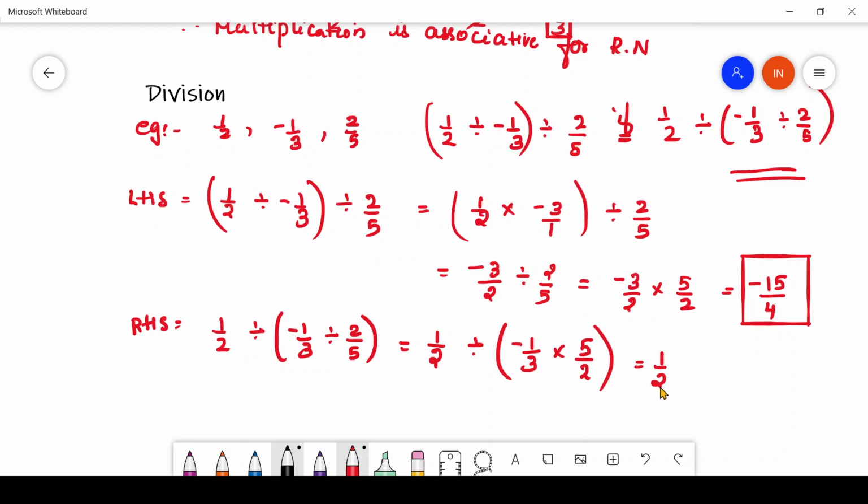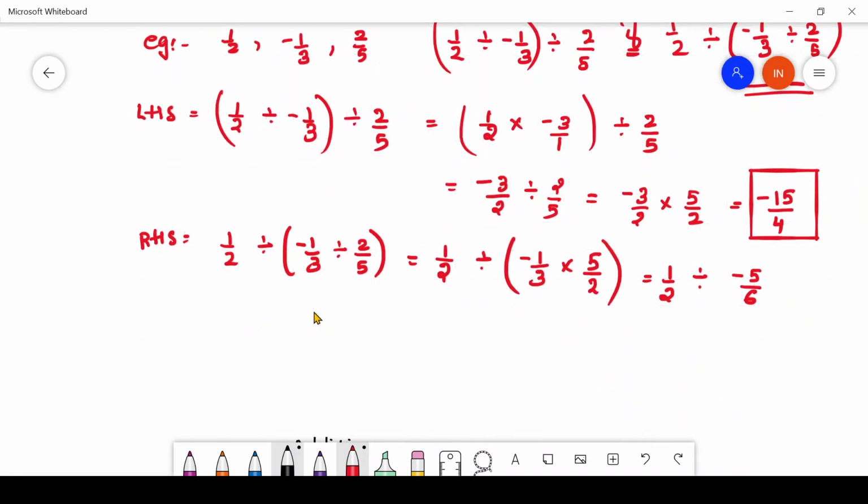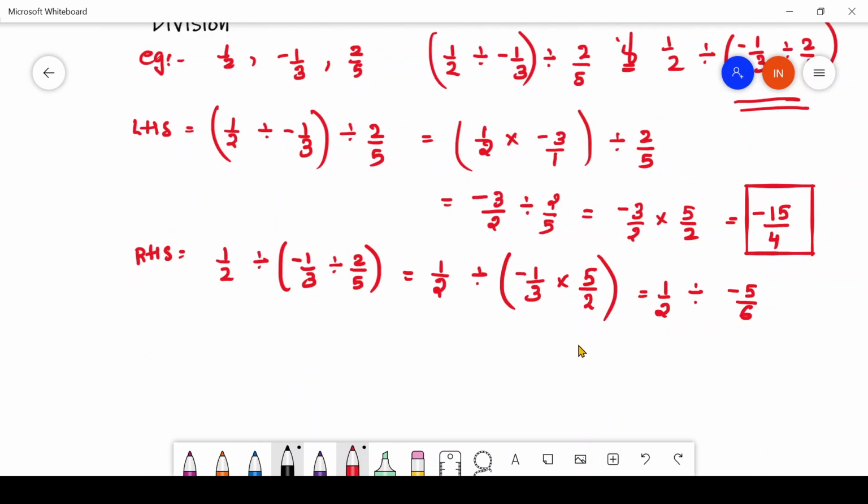So that is equal to 1 by 2 divided by negative 5 by 6. Very good. So now how to proceed? Again doing with the same procedure, that is equal to 1 by 2 multiplied with 6 by negative 5. That is negative 6 by 5 only. So you can cancel these two and you will get the answer as negative 3 by 5.